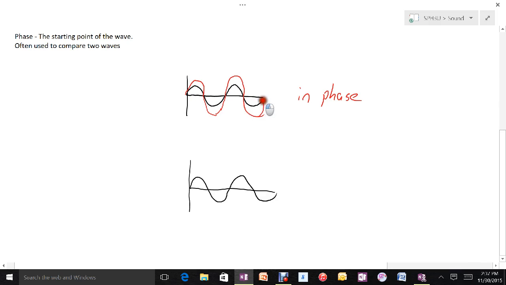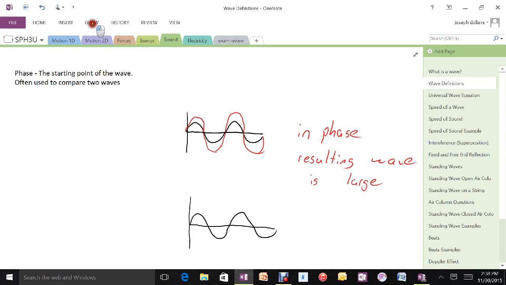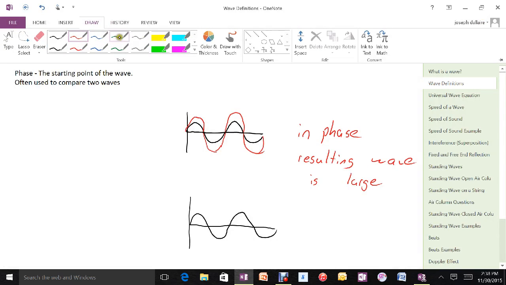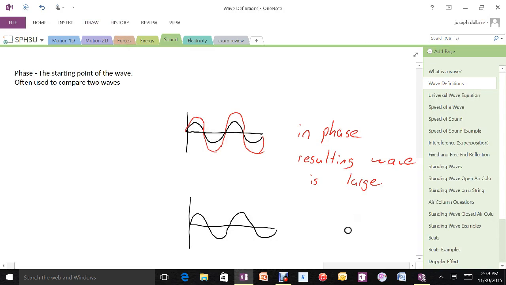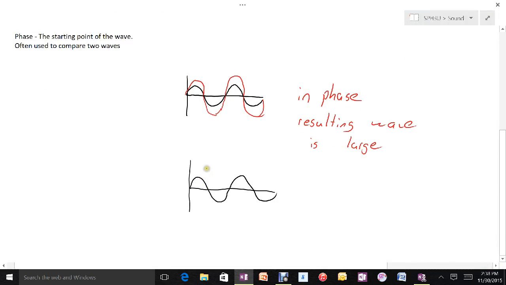What happens in this situation is that the two waves tend to be disturbed in the same way, so the resulting wave is very large. Alternatively, if we consider an out-of-phase wave, what that means is that the two waves are sort of doing opposite things.